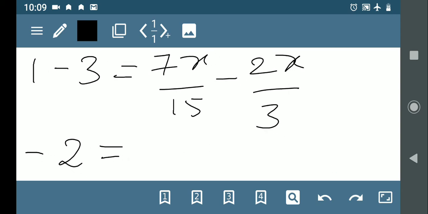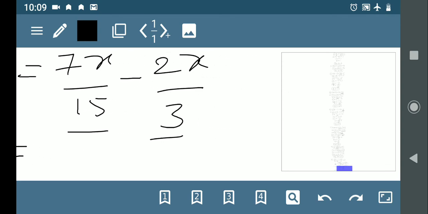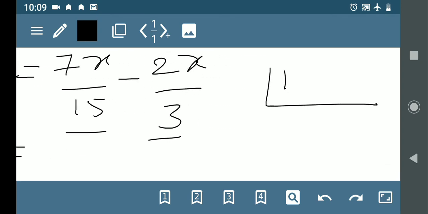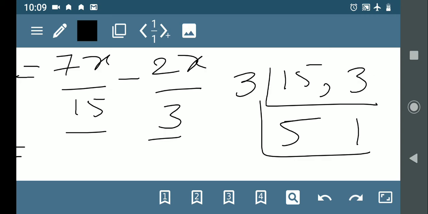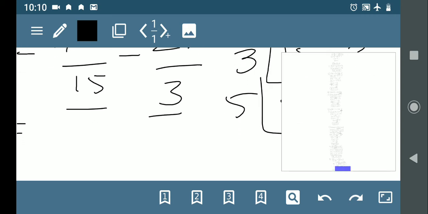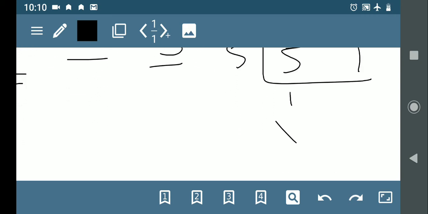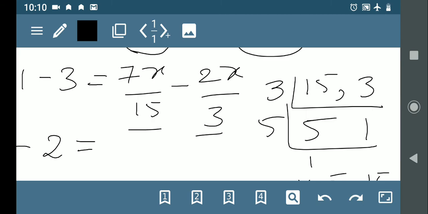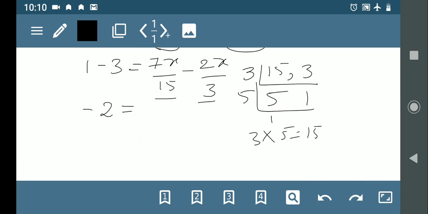see, dear students, here both the terms have different denominators. What do we have to do? We have to take the LCM of 15 and 3. 3 ones are 3, 3 fives are 15, 5 ones are 5. So 3 into 5 is equal to 15. The LCM is 15 for these two terms, right?